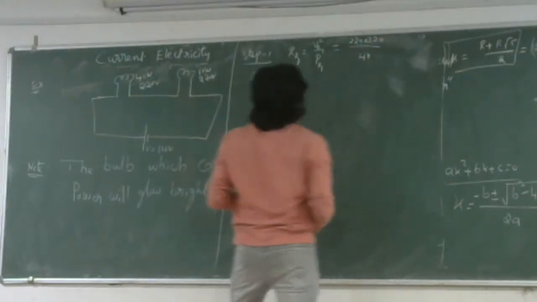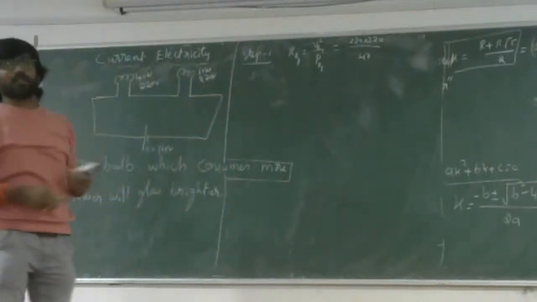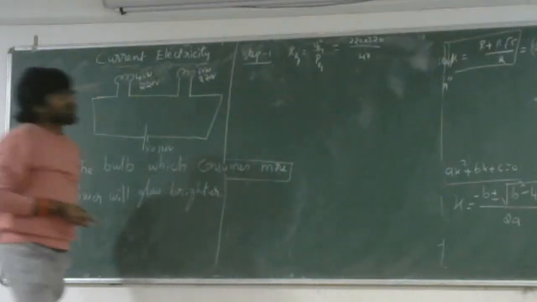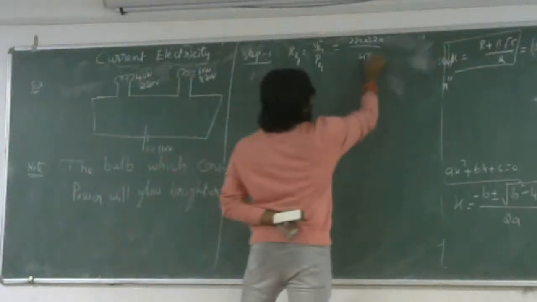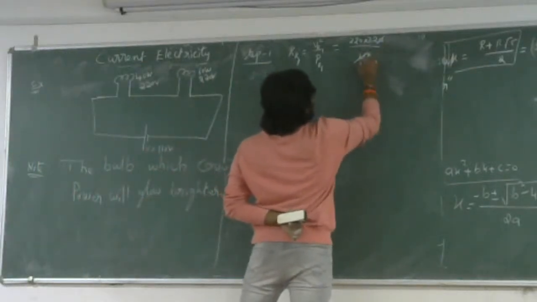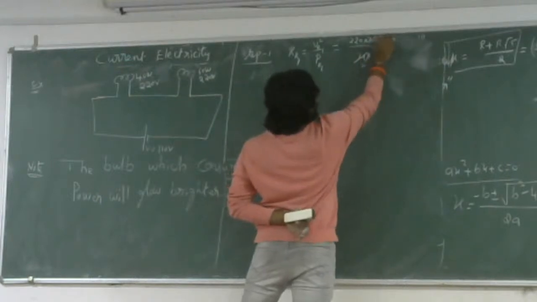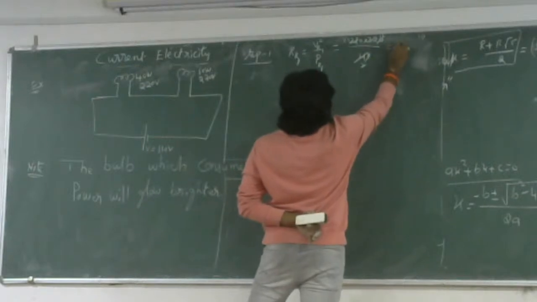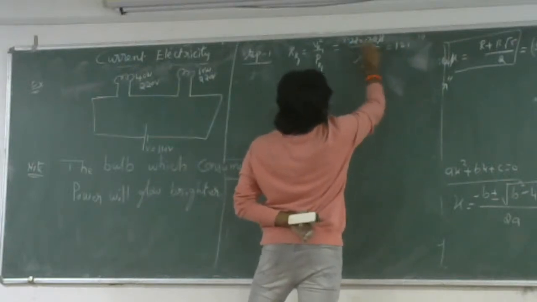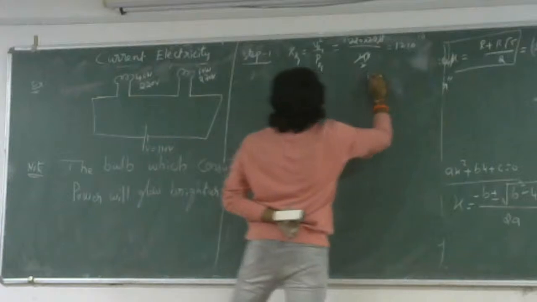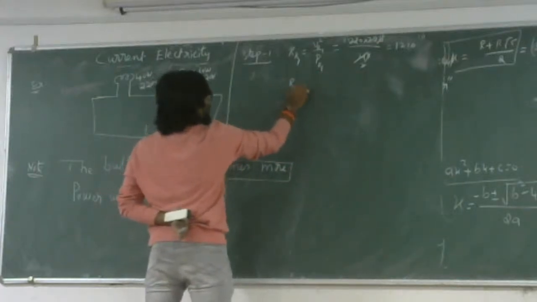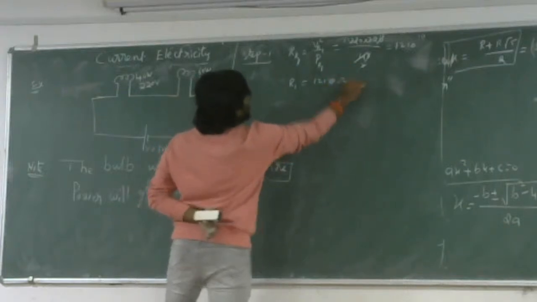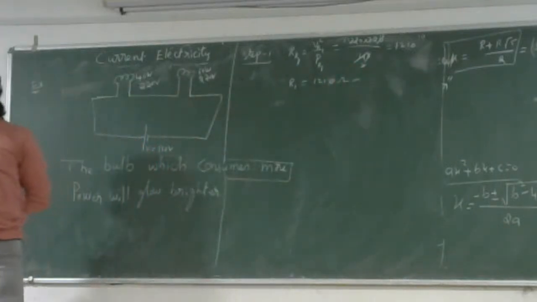So what is R1? Zero cancels, 2 2s, 2 11s and 2 11s. So it is 11 square which is 121, and the 10 is there, 1210 ohms. R1 is 1210 ohm. Got it?